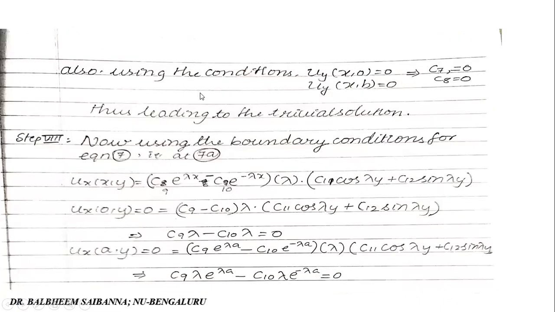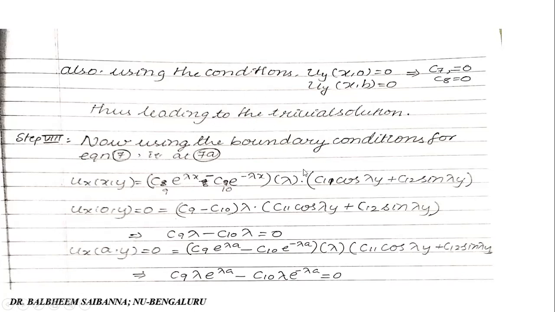Then also using the conditions uy of (x, 0) is equal to 0, we'll get c7 is 0. uy of (x, b) is equal to 0, with equation 7b, and then using the condition, c8 is also 0. This leads to the trivial solution, because all the constants are 0: c5 0, c6 0, c7 0, c8 0.